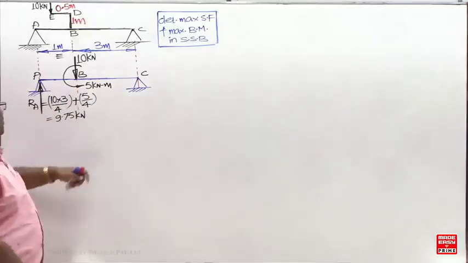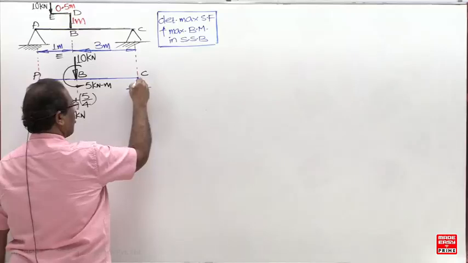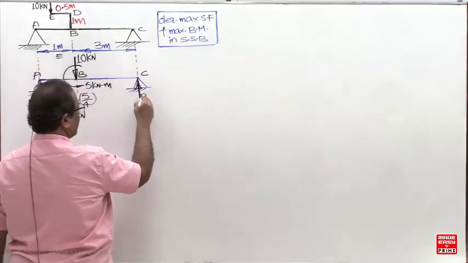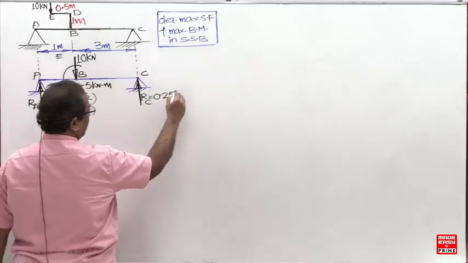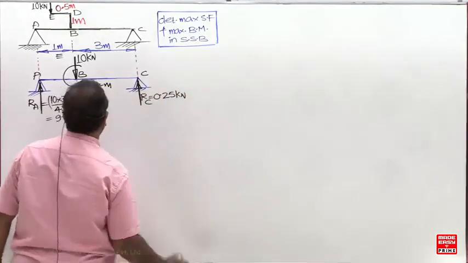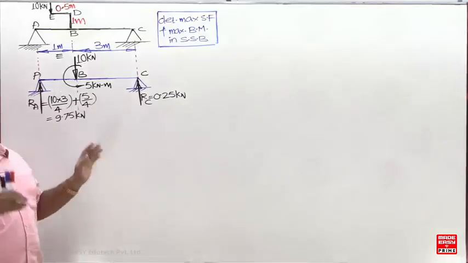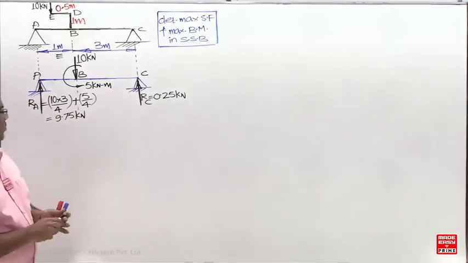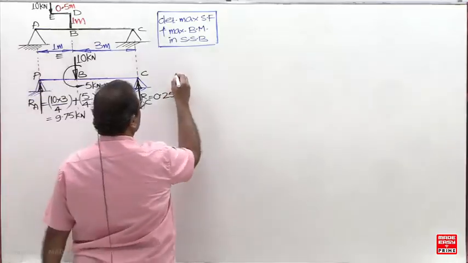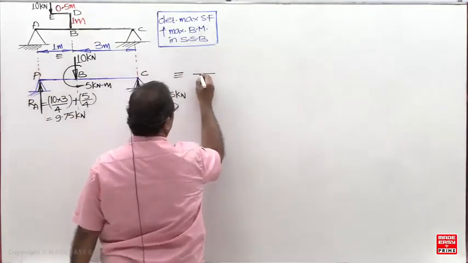This 10 is downward, so this reaction will be upward. If you have any doubt, you can go for the general method, sigma V equal to 0, sigma M equal to 0. To get clarity, you can put it like this, by superposition.